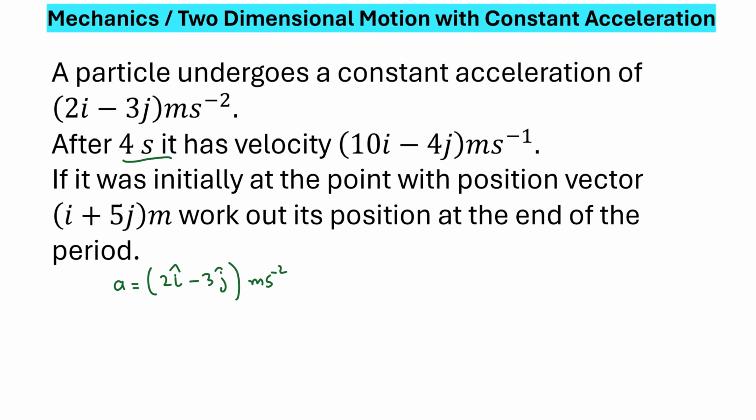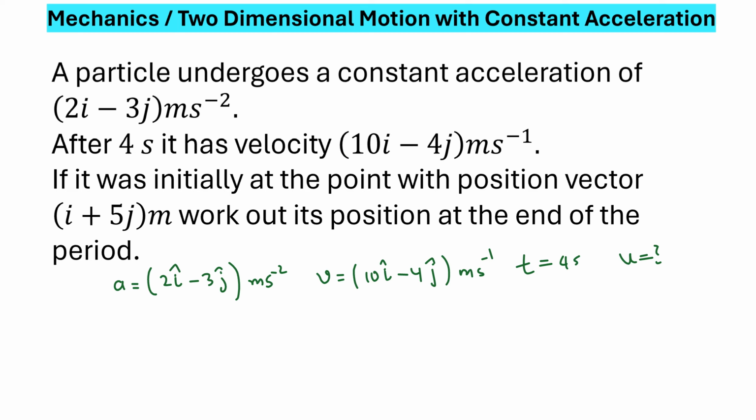After 4 seconds it has a velocity, so that is probably the final velocity. So v is equal to 10i minus 4j meter per second, and we have t is 4 seconds, and u we don't know what u is. This is the position, but that's a distance, so we will come to that later.